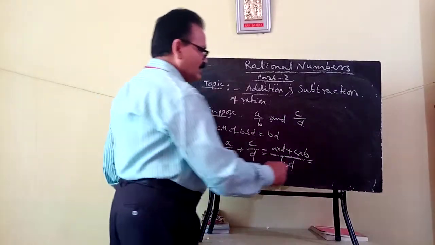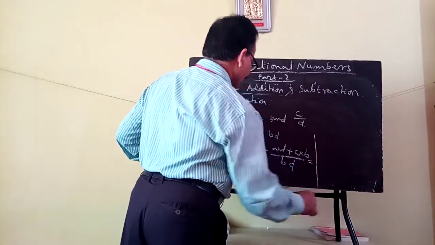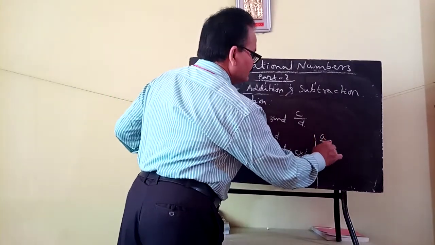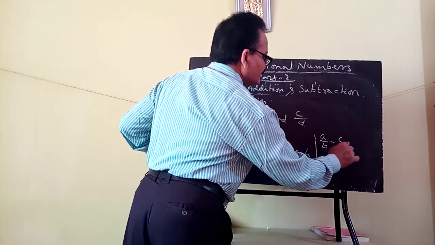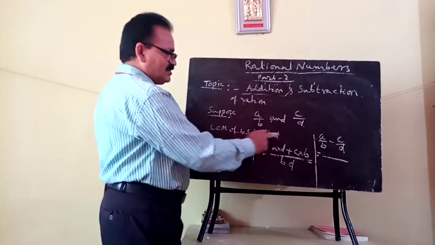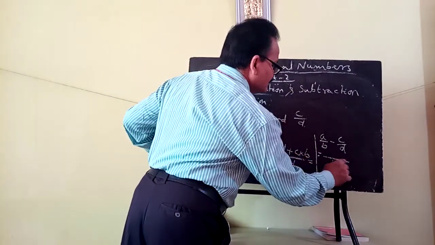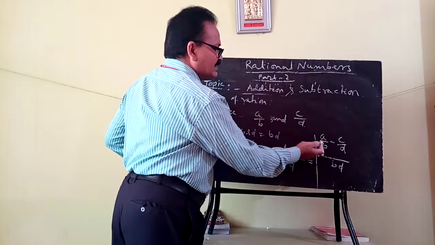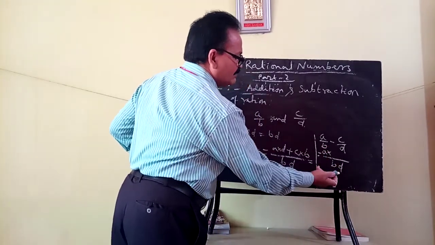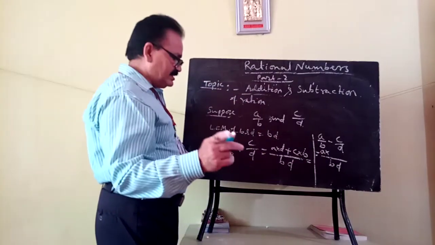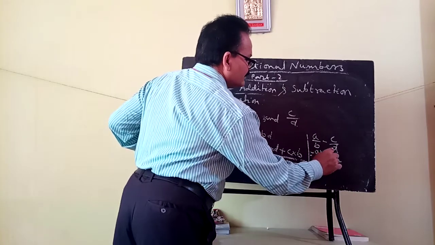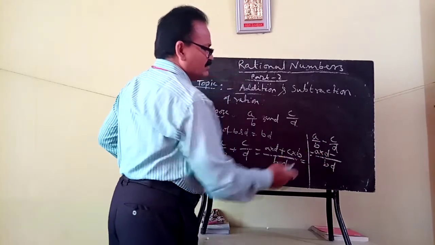Similarly, in case of subtraction, A by B minus C by D. You have to find the LCM. LCM of B and D is BD. Then again you divide the LCM by B and get D. Then you multiply D with your A. Then put a negative sign because you are subtracting.